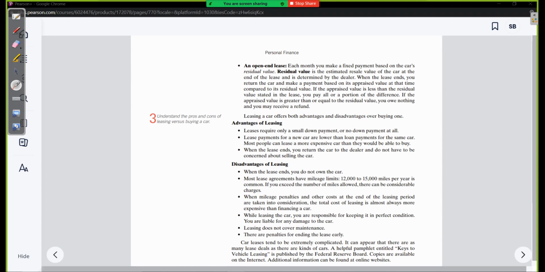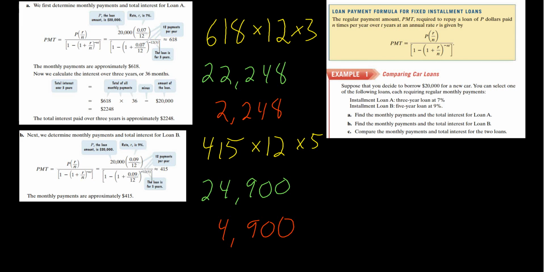Let's put up this board. I didn't pay it. The sticker price of the truck I have right now is $37,000.